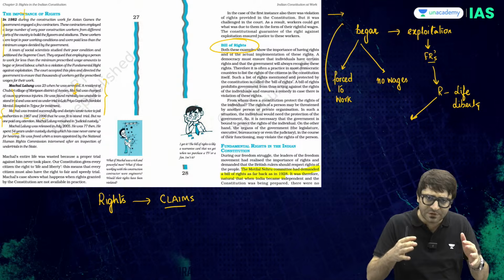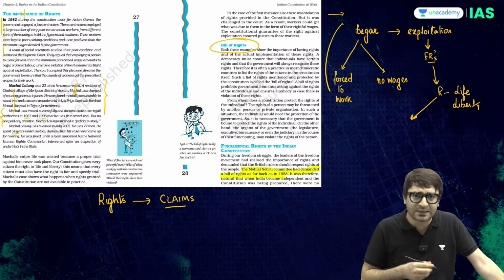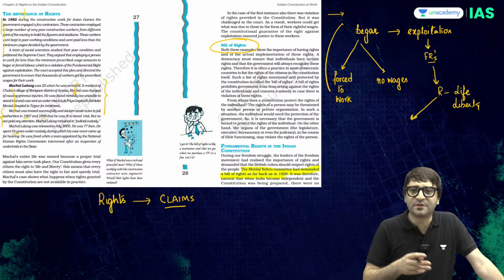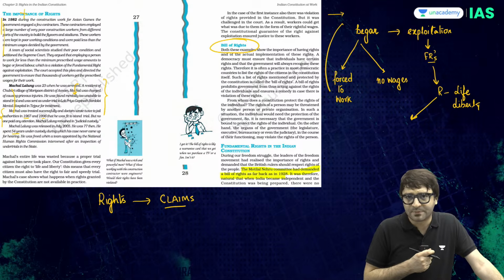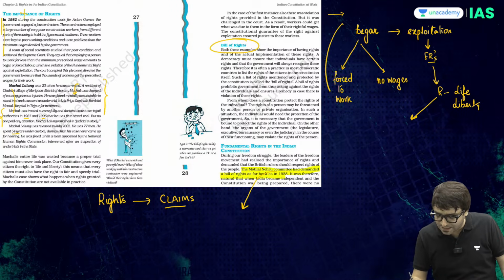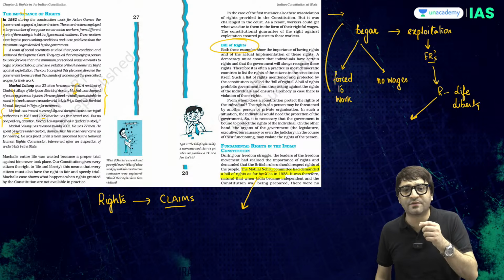In fact, during our freedom struggle as well, way back in 1928, the Motilal Nehru Committee report was set up, which demanded of the British government that you should give us rights.